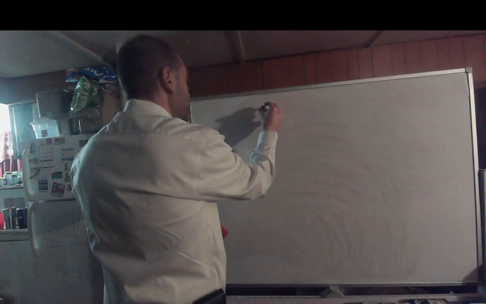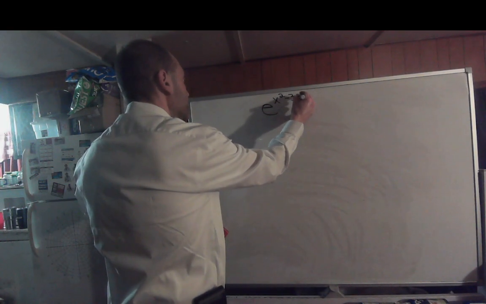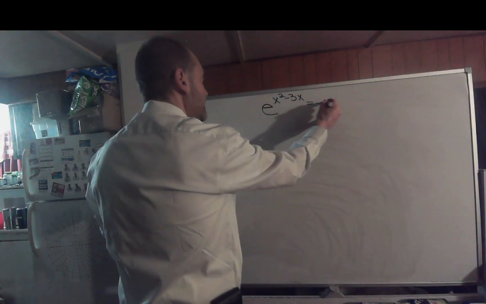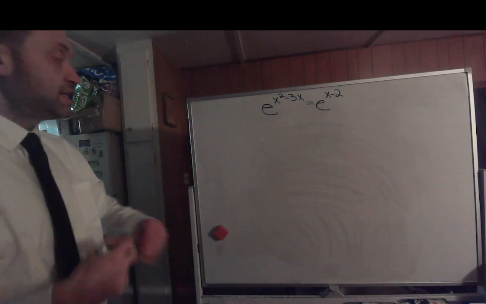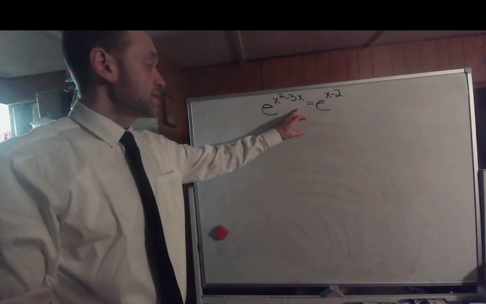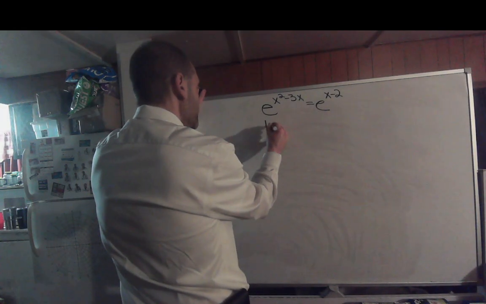All right. e to the x squared minus 3x equals e to the x minus 2. So we're going to have some fun with this one. So let's take the natural log of both sides.